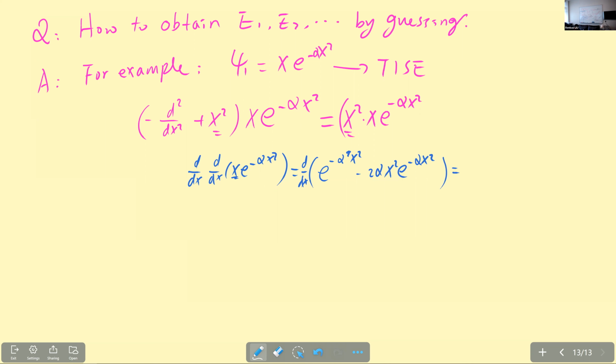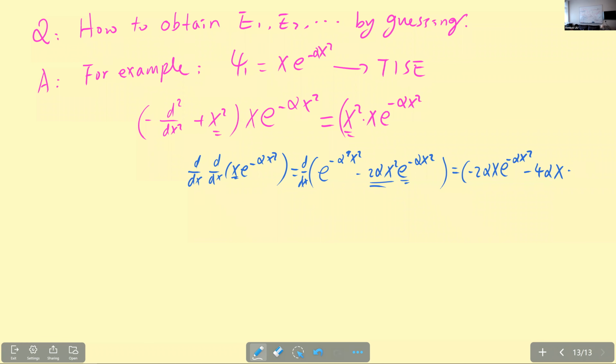So that will give us, let's say, the first one will be minus 2 alpha x e to the minus alpha x squared, right? And then another one, you got a minus 4 alpha x, right? So you do the differentiation on this one. And then you do the differentiation on this one again.